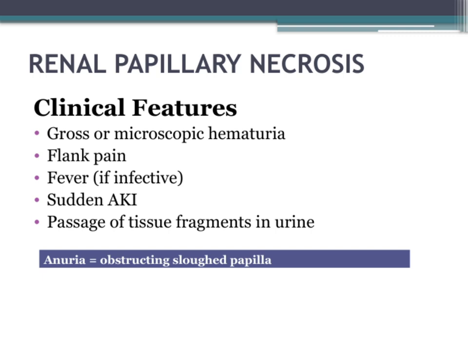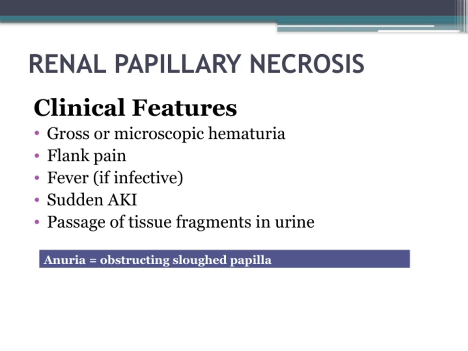If the cause is infective, fever may be present, signaling an infectious process alongside tissue necrosis. Another important feature is the sudden onset of acute kidney injury, or AKI, which makes sense because the kidney suddenly can't filter properly when these papillary tissues are damaged or obstructed.